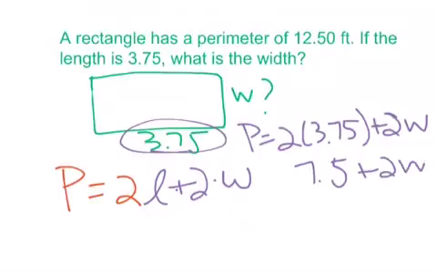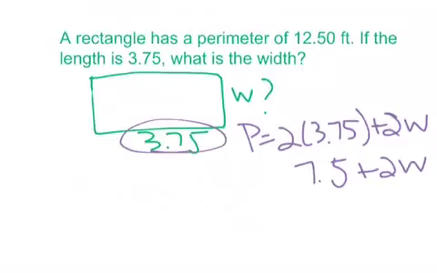Plus 2w. We do know what our perimeter is. I forgot to plug that in. I'm going to erase this just for a second. Okay? Our perimeter was 12.50. I'm going to subtract the 7.5.